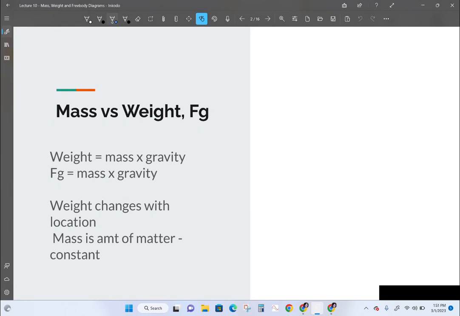So if we were to look at F equals ma, the force that we're talking about is our weight, which is Fg. And that is the force that makes something accelerate at negative 9.8 meters per second squared. And in these problems, we will not be so hung up on the negative right now.